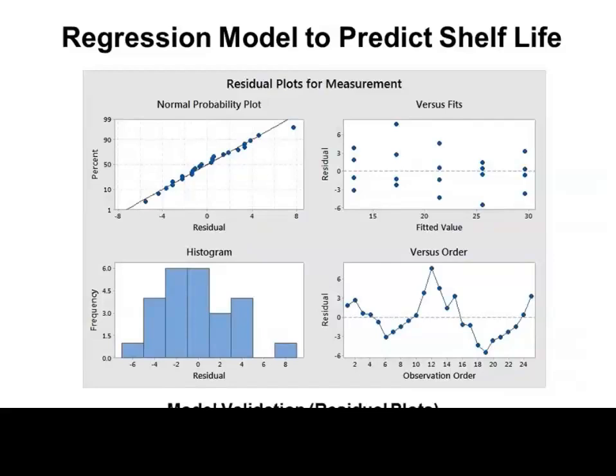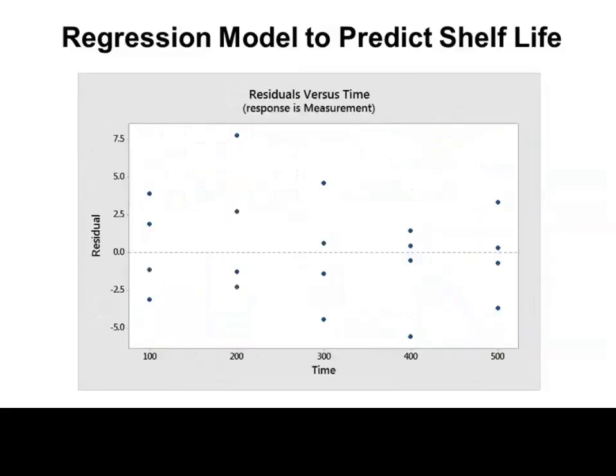Also, the variation should be roughly equal around 0, within reason, not getting much wider out here and very tight here. In other words, we want the model to predict roughly equally well across the range of fitted values, also across time, and this looks fine.